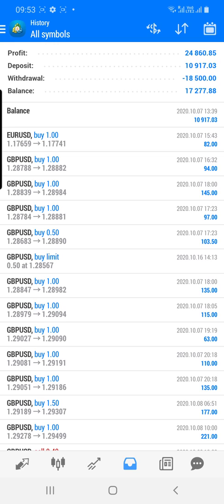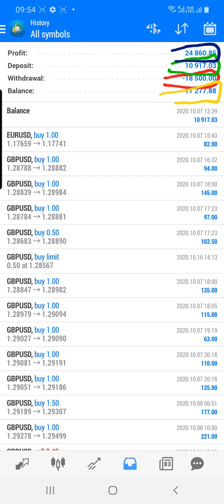Here we have the withdrawal. Let's label it well. We have the withdrawal here, the deposit here, the profit here, and the balance here.